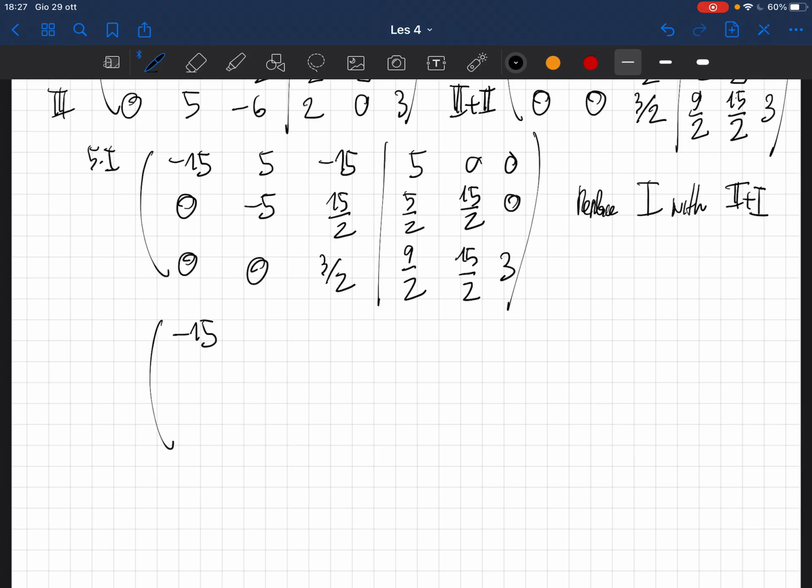So here doesn't change. Here you get 0, and here you get minus 15 plus 15 over 2, which is minus 30 over 2.